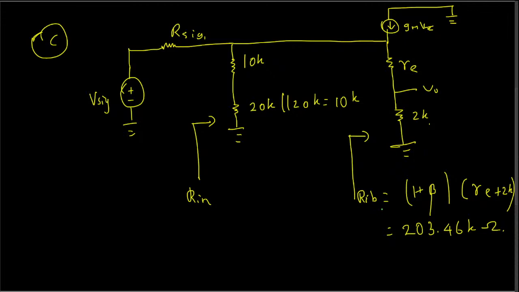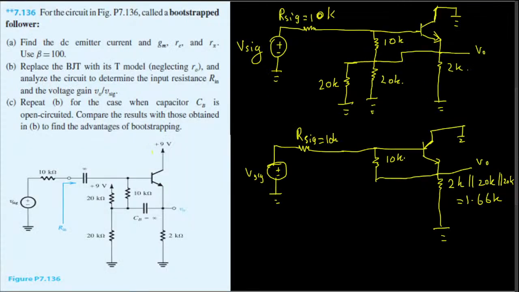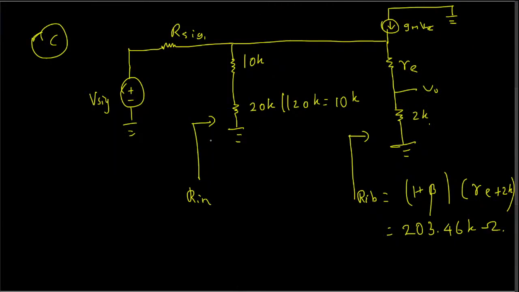Here we have to find the input resistance. That's one of the questions in part B. In part B we found the input resistance and Vo over Vsig. We have to do the same thing for part C as well. So to find the input resistance, it is basically this whole resistance right here parallel to this Rib.